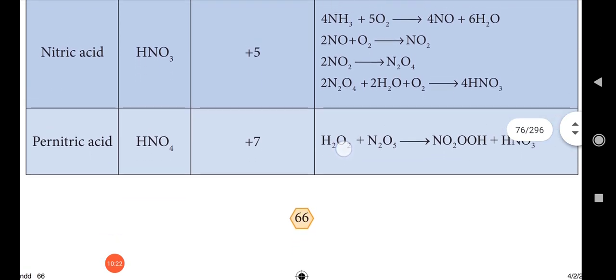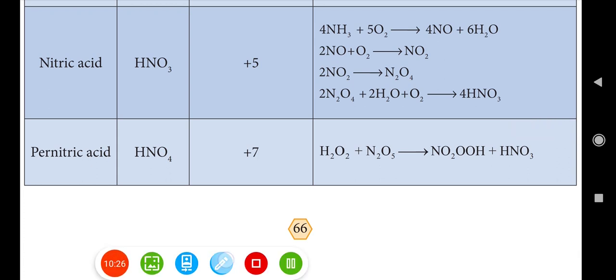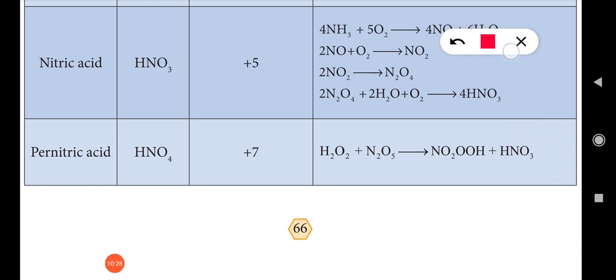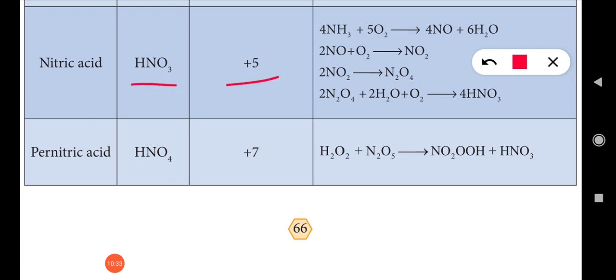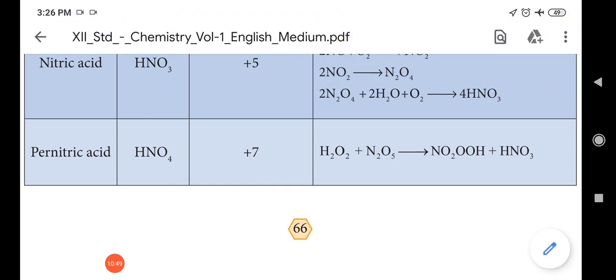Then preparation of nitric acid. We have probably seen the preparation of nitric acid before. Its molecular formula is HNO3. It exists in +5 oxidation state. It can be prepared by passing ammonia with oxygen. It includes various steps.